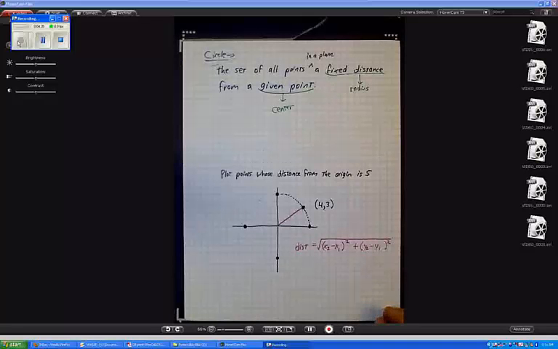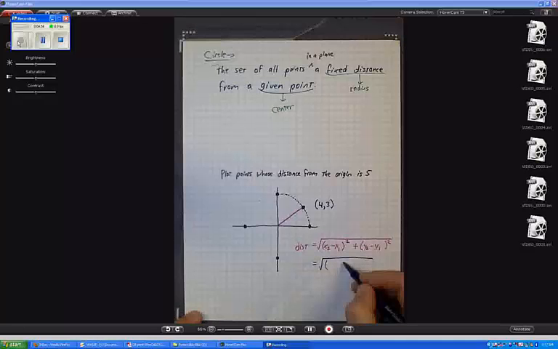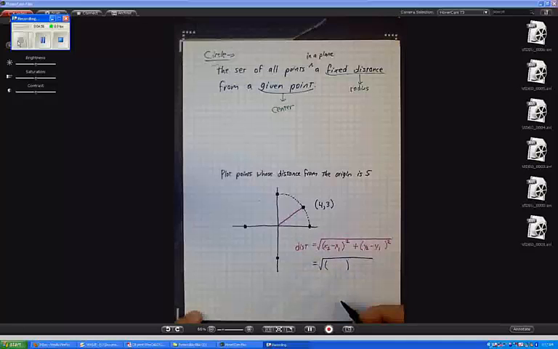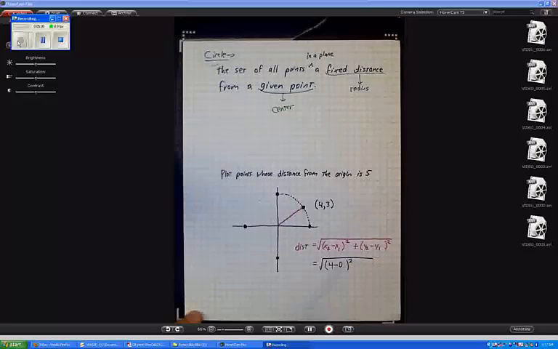Okay, so if we want to do that for our particular problem, what are we going to do? Well, we need to fill in. The distance for this particular problem is the square root of the difference of the x's, which would be 4 minus 0 squared, right?